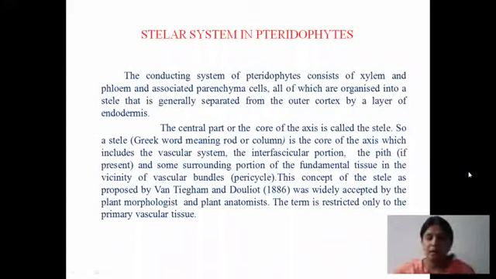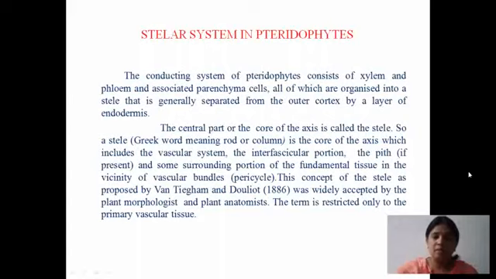The central part or the core of the axis is called the stele. So a stele, it is a Greek word meaning road or column, is the core of the axis which includes the vascular system, the interfascicular portion, the pith and some surrounding portion of the fundamental tissue in the vicinity of vascular bundles.